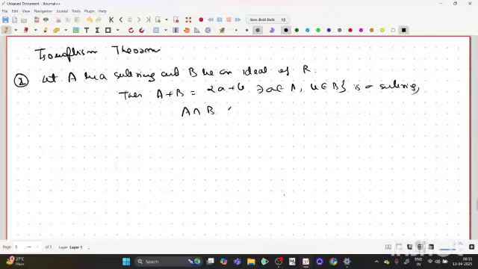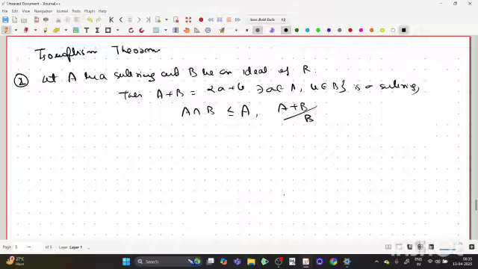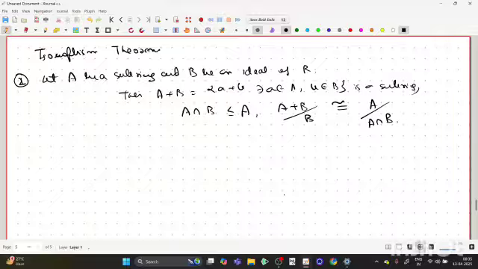A intersection B is an ideal of A, and since B is an ideal, B is evidently contained inside A plus B, so B will also be an ideal of A plus B. Then (A plus B) by B is isomorphic to A mod A intersection B.